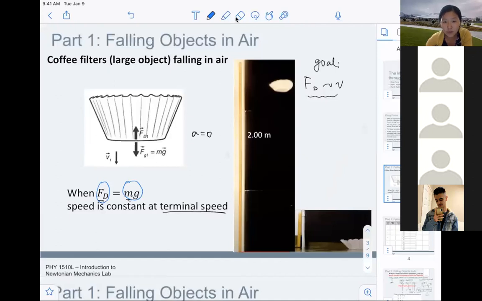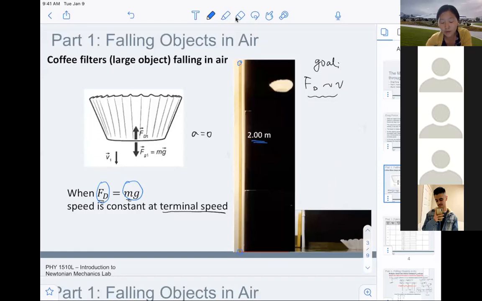In this lab, if you were to do it in person, you have to step on the table so that you can drop the coffee filter from a very high point. You use a meter stick, a 2-meter stick actually, and measure the time it takes for the coffee filter to fall from the top of the meter stick to the bottom, so that you can use that to figure out its terminal speed.